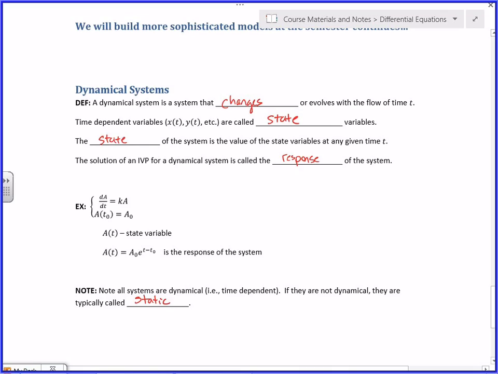All of the models that we talked about in this section are dynamical systems, whereas static systems don't evolve over time but just change based on what different variables are involved in the model. We won't do a lot of those types of examples, so we can typically think mostly in terms of dynamical systems in this class. All right, I'm going to stop the recording there.